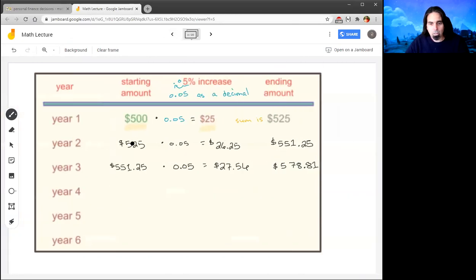So why does this number change from year to year? How would you paraphrase that? Let's see, because every year it redoes. It's like the 5% increase is every year, and every year it changes because of the 5%. Yeah, the thing we're taking 5% of changes, so of course the answer changes.